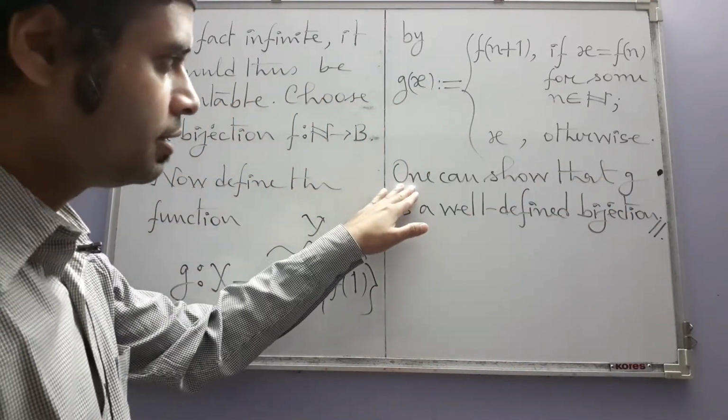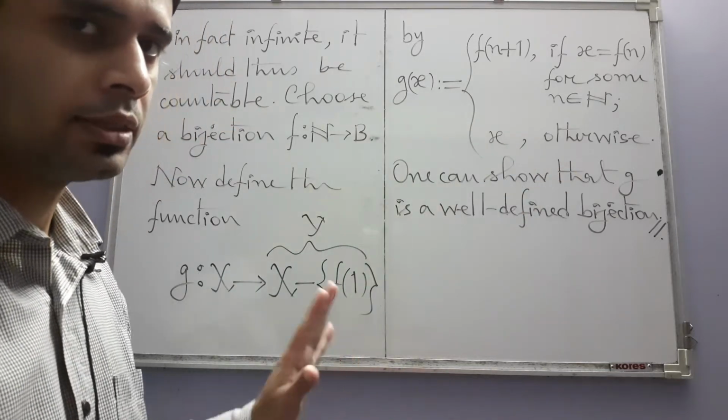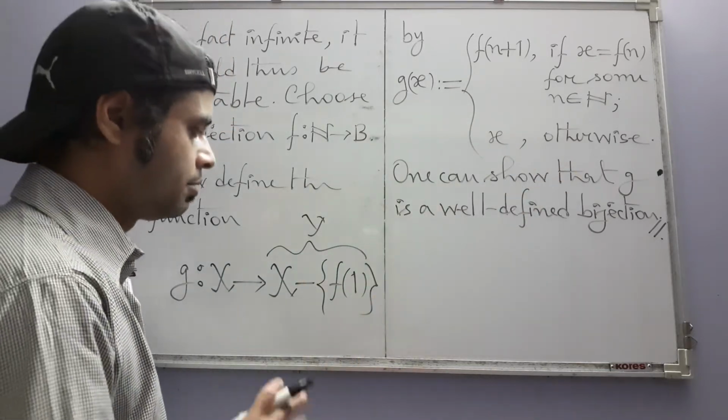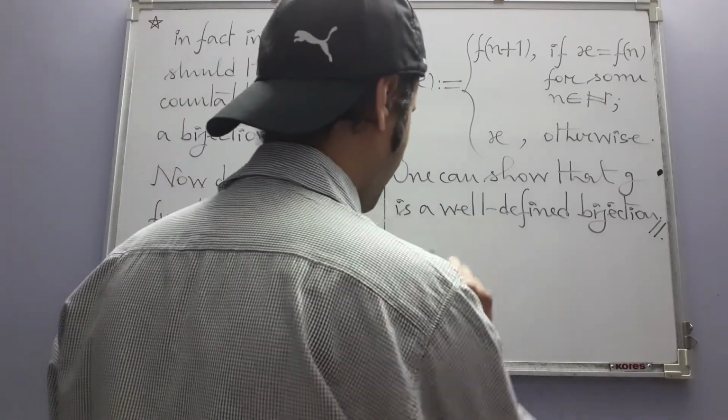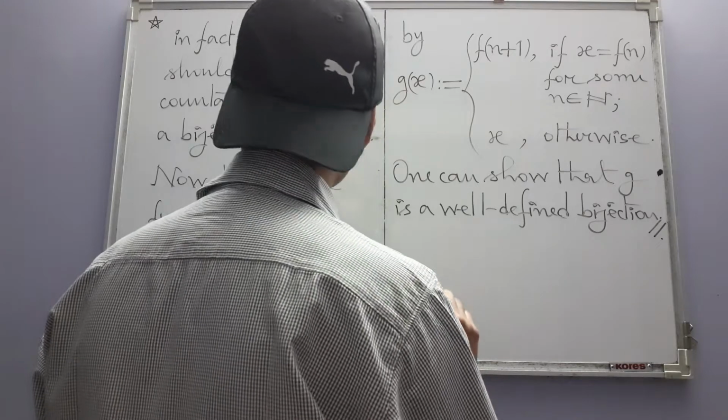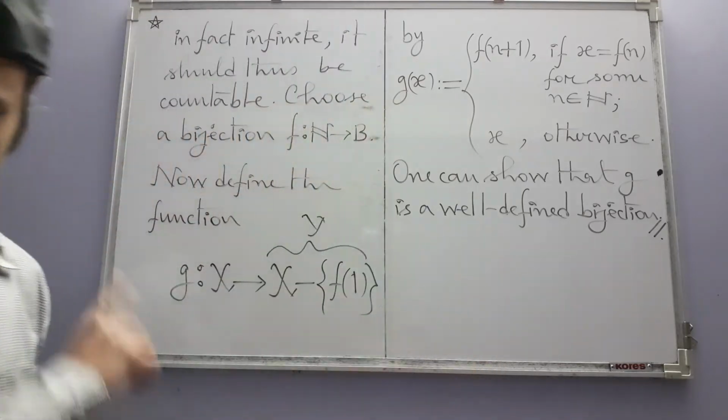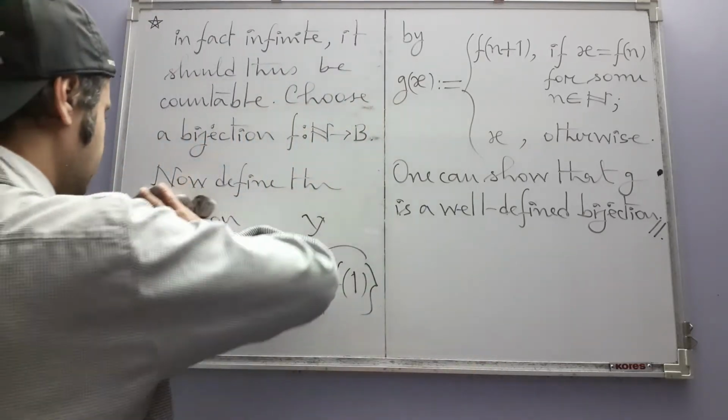Clearly, I am asking you to show this. This is left to you. But let us now see what is actually happening here, and let me do it here on this side.